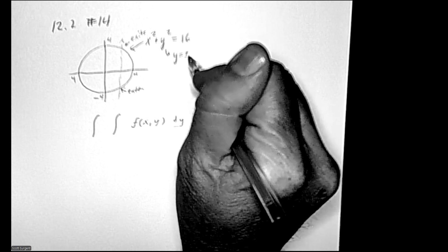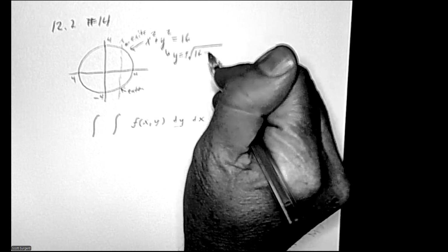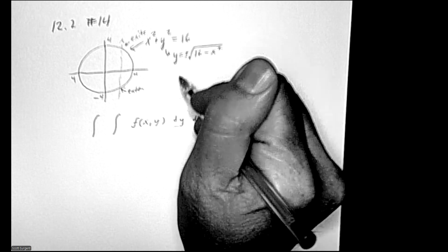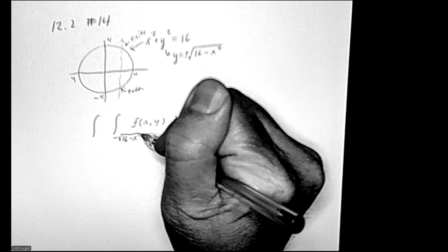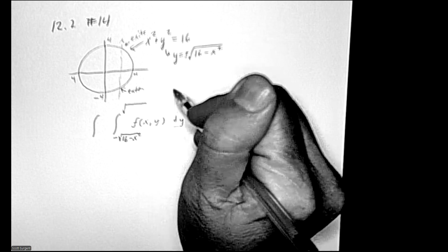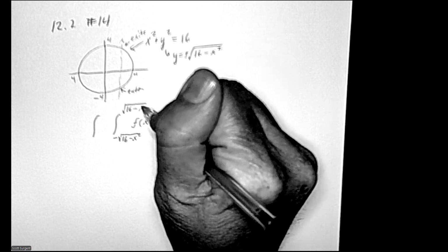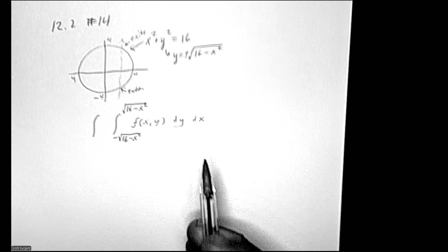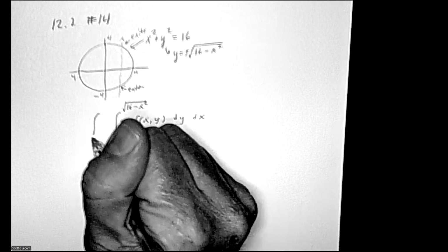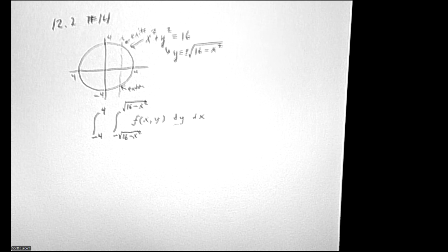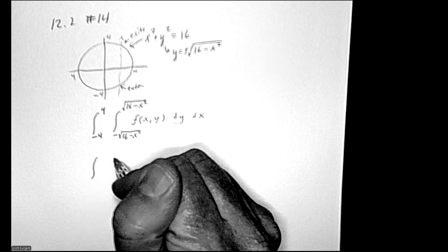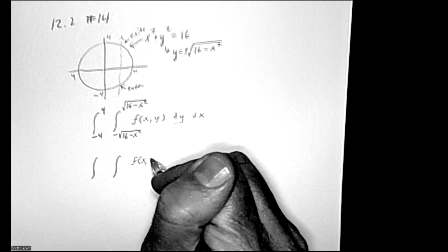When you do that, you get plus and minus radical 16 minus x squared. The minus radical is the lower bound. The positive radical is the upper bound. Then the x bound, since it's the outermost integral, will always be constant, so negative 4 to 4. Okay. If you do dx dy, same thing, just with some cosmetic differences.